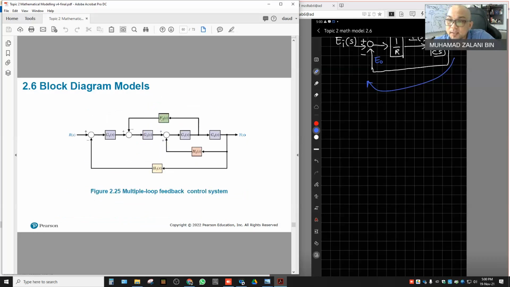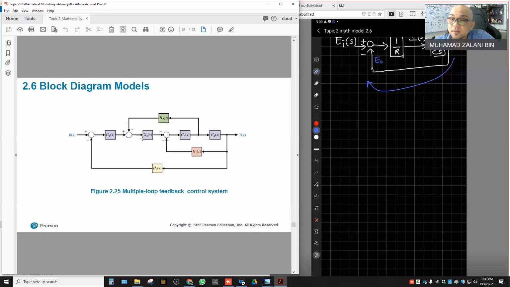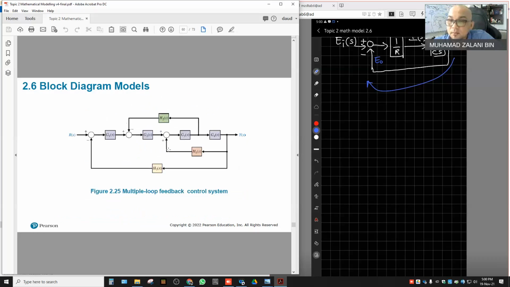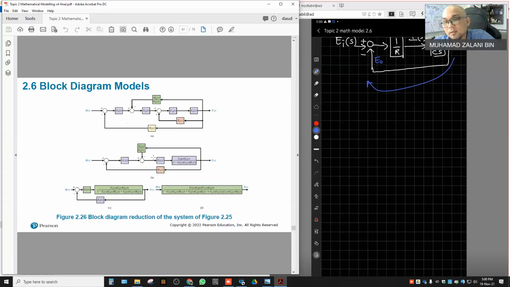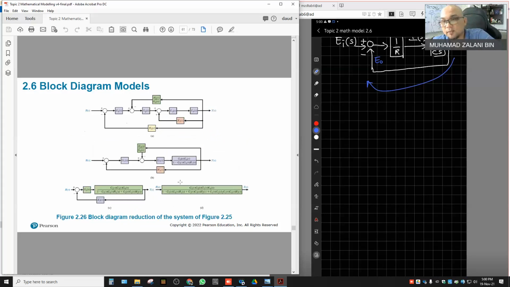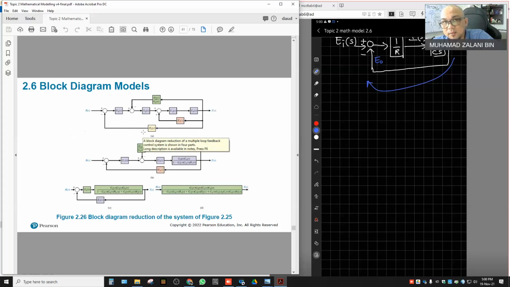Okay, like this one, it goes over there, so the second block, this one, it skips to the back. So later have a check on what this means, until the blocks become a single block. It simplifies and a lot of functions go in there. So I hope you can do self-study by referring to figure 2.25 from the textbook, and there will be a description in the textbook that you can follow.